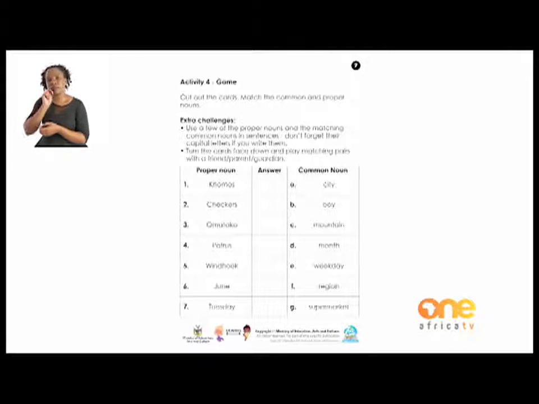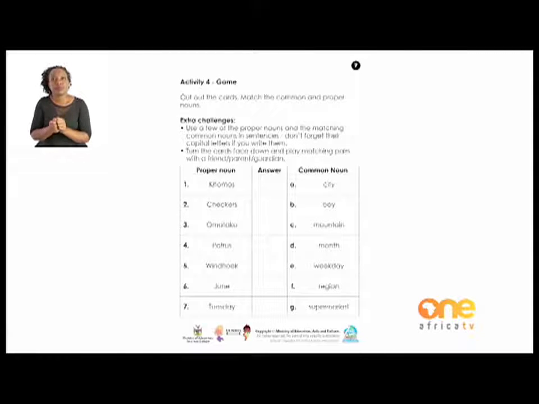Extra challenge is to use a few of the proper nouns and the matching common nouns in sentences. Don't forget their capital letters if you write them. Remember, we said proper nouns should begin with capital letters. Turn the cards face down and play matching pairs with a friend, parent, or guardian.